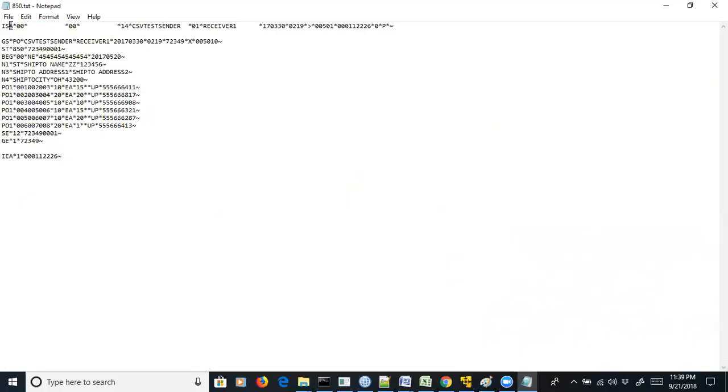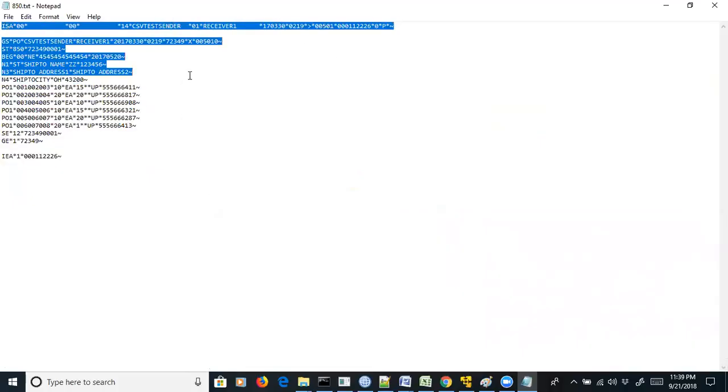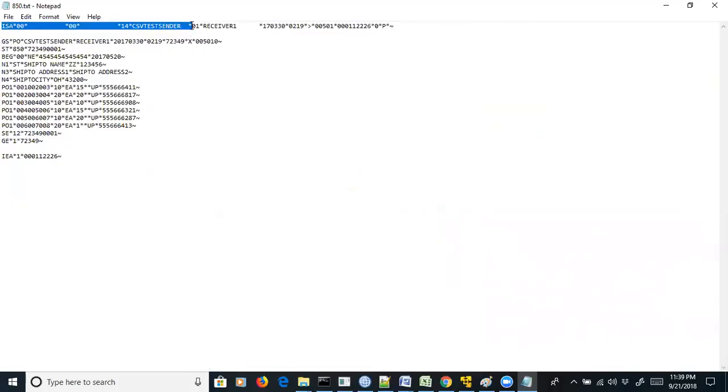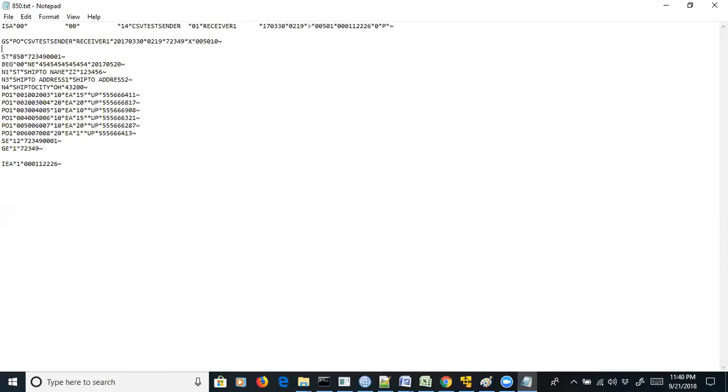These two records together make the outermost envelope, which we call the ISA or interchange envelope, the first record and the last record. The first record is identified by ISA, which we will discuss in detail in a while, and then you have IEA.